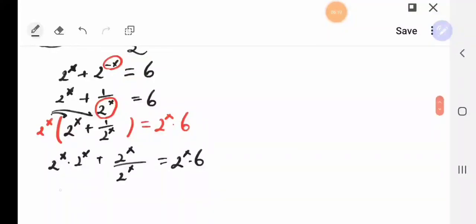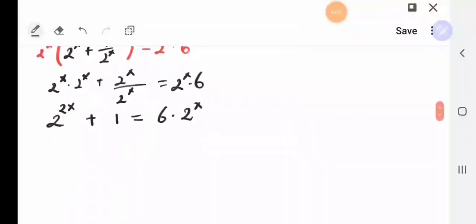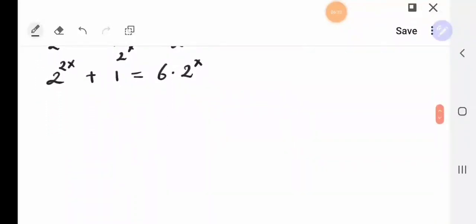The first term is 2 to the x times 2 to the x, so the exponents are x and x, and we can add these two, so it will be 2 to the 2x. The second term cancels out, it becomes 1, and the right side can be written as 6 times 2 to the x. From here, let's move the right side to the left.